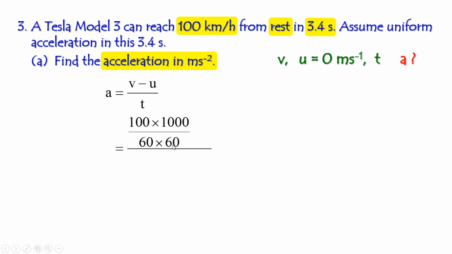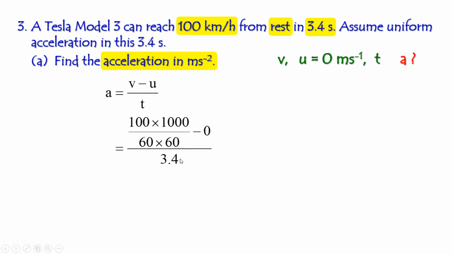Is it okay? So this fraction represents the final speed of the Tesla Model 3. And the initial speed of Tesla Model 3 is 0 and it accelerates for 3.4 seconds. Is it okay?